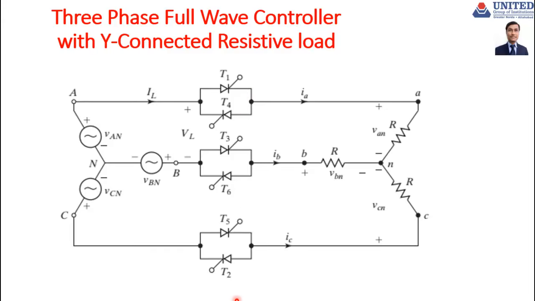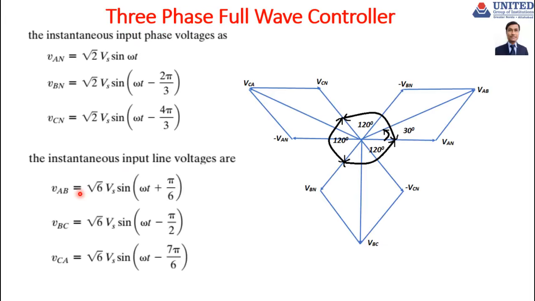In the operation of a three-phase full converter with a resistive load, the current flows in two phases at a time and the third phase remains open, because two SCRs from different phases are connected at a time. Now in the three-phase system, the phase voltages have the same magnitude and 120-degree phase shift.